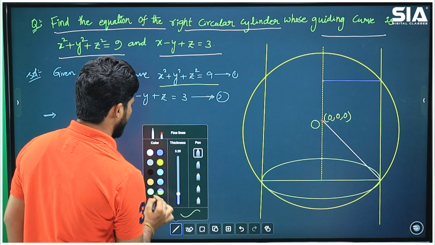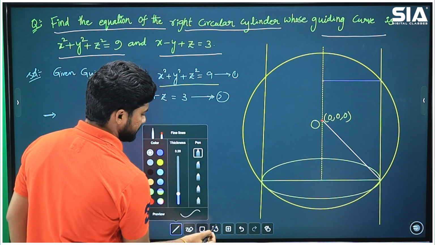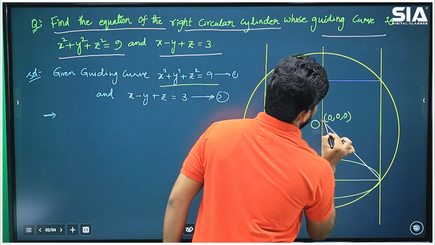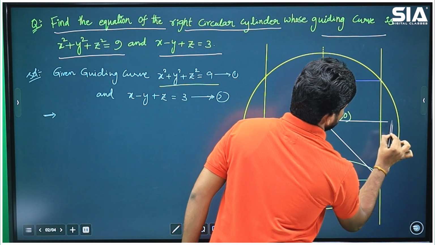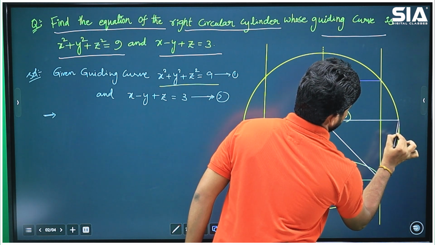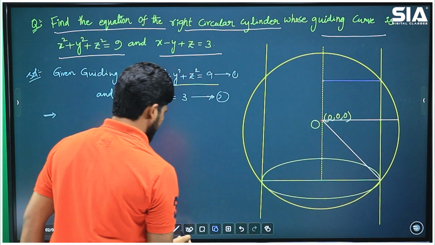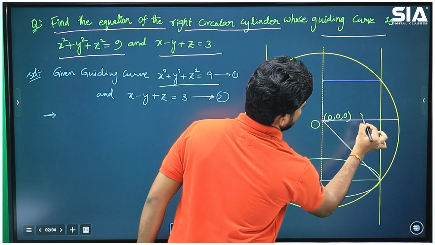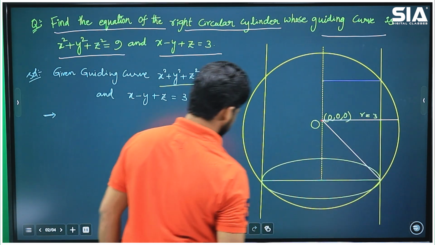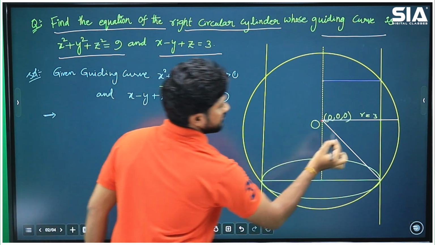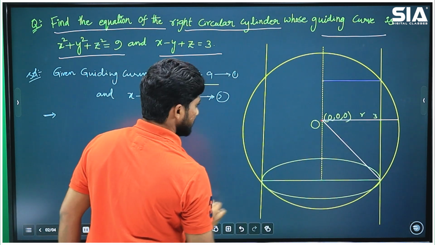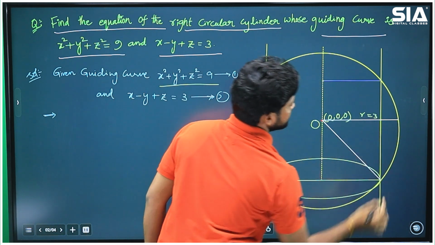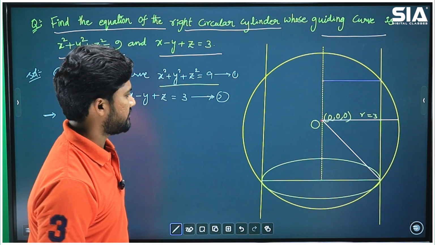From this value we can see the radius. From here to here, this is the radius of the sphere. That radius I am writing as small r. Small r is equal to 3, the radius of the sphere.